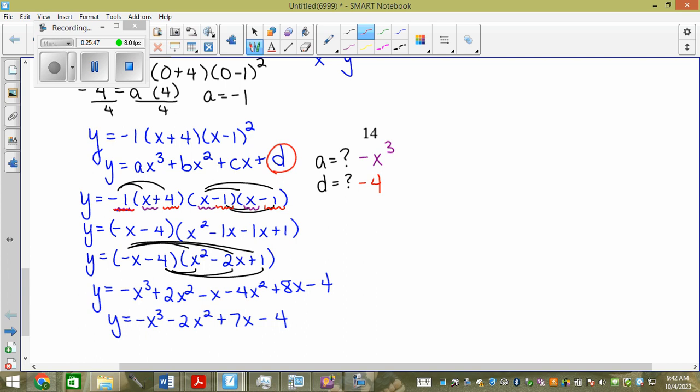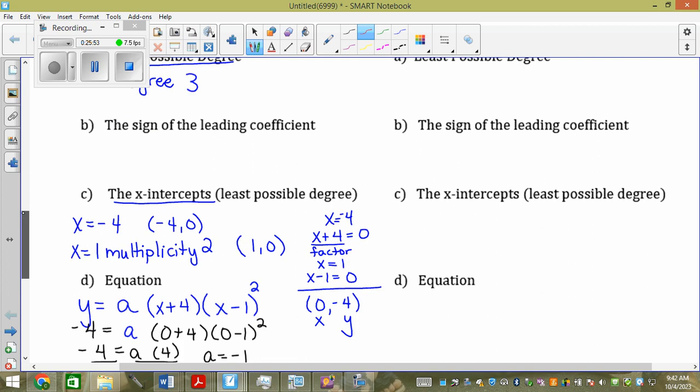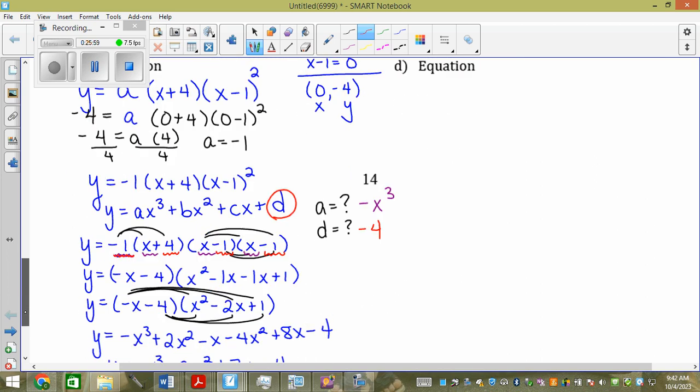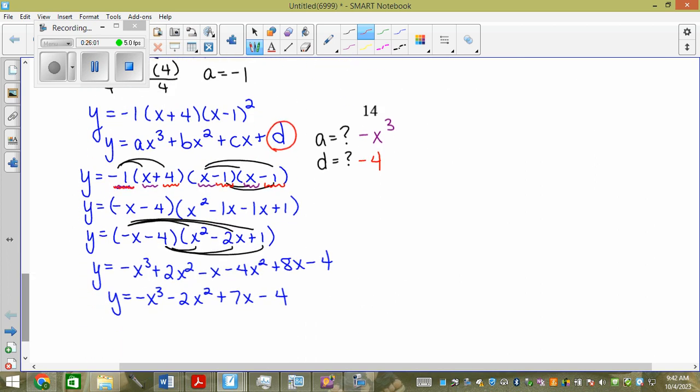Now, what does that D correlate with, guys? The y-intercept. If you're in standard, if you're in this general form, this is always your y-intercept. Which means if you're in an equation without brackets, this back number is always your y-intercept. So it would be at 0 and -4.